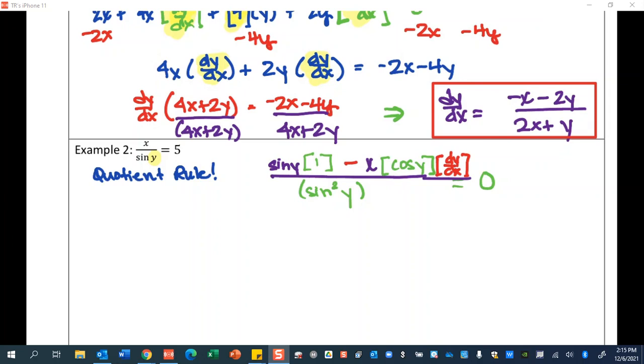All right. Are you suspicious about that equals 0? So, all right, let's go ahead and multiply both sides by sine squared y. What are we excited about?